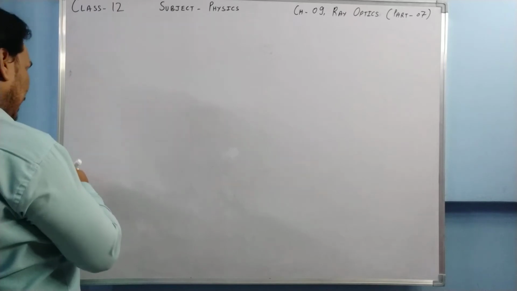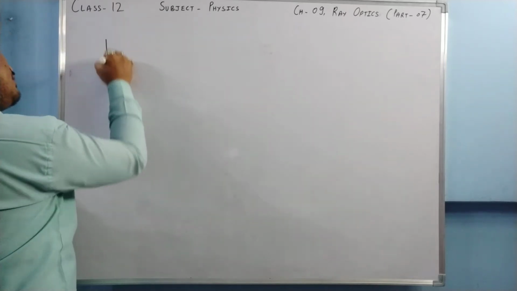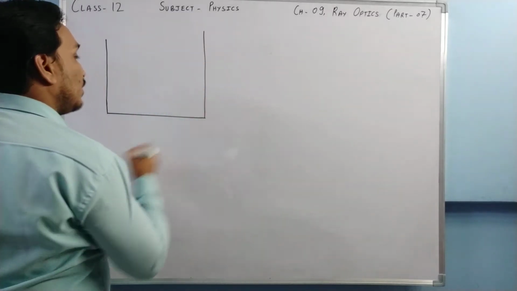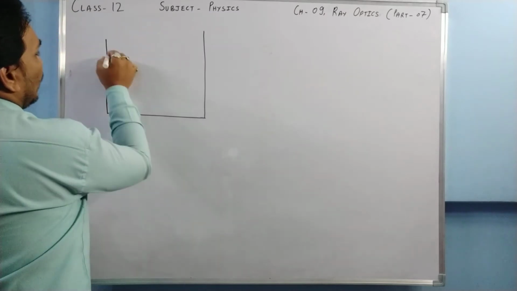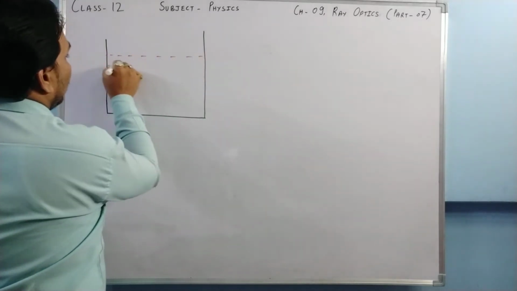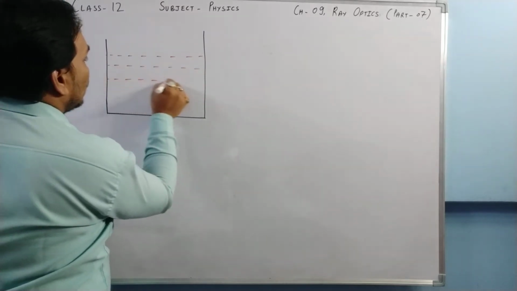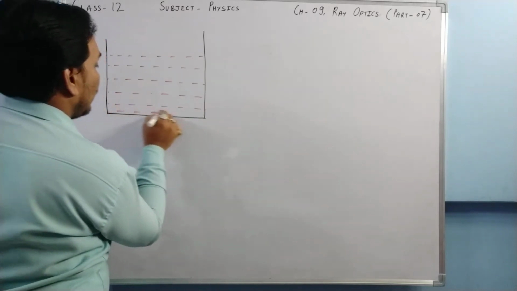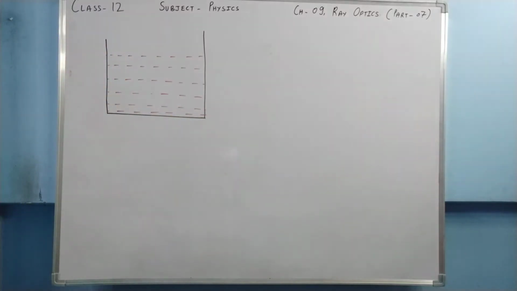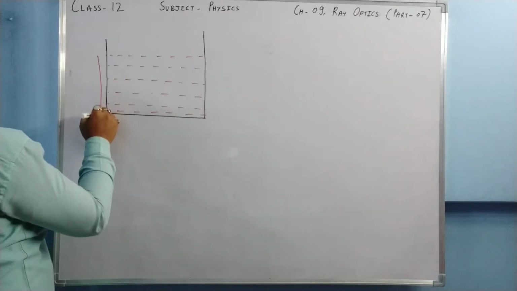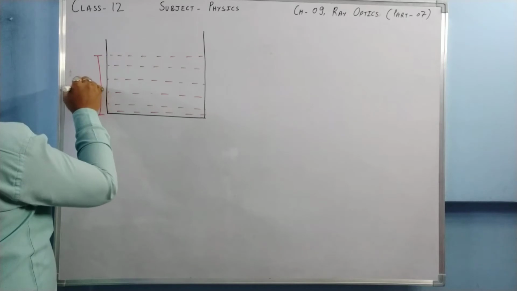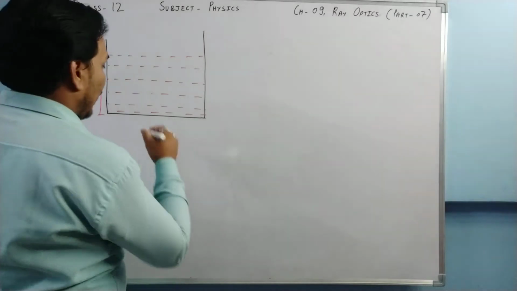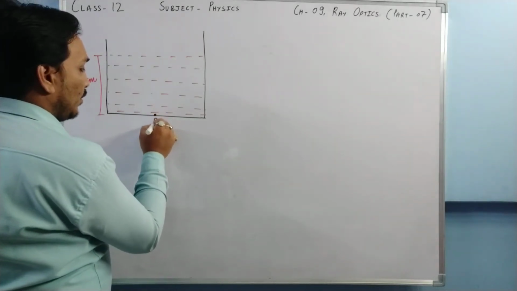The diagram given in the question is that one water tank is there, and in this water tank, up to this height, suppose the water is filled. Let this height be 50 centimeter.